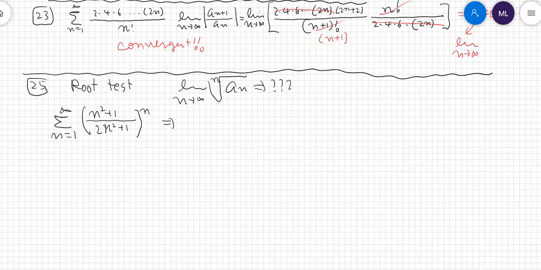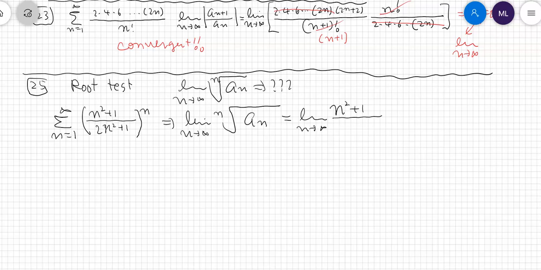So that means the limit as n goes to infinity of the nth root of a_n is n squared plus 1 over 2n squared plus 1. That's what it is. Which is actually 1/2, less than 1. Absolutely convergent.